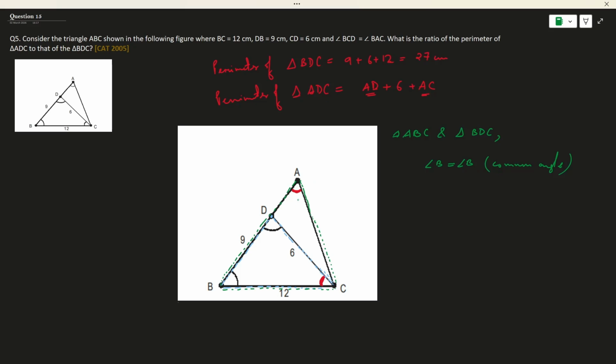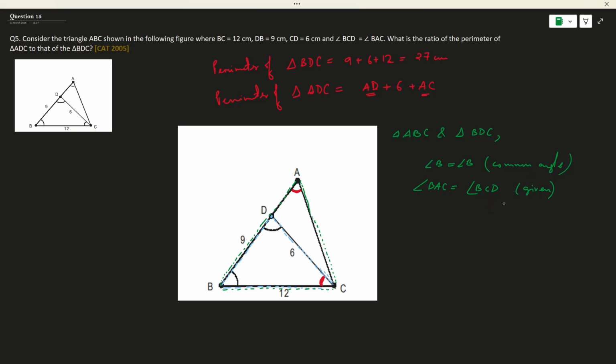And we are given that angle BAC is equal to angle BCD. This is given. Two angles are equal. That means the third angle of one triangle will be equal to the corresponding third angle of the other triangle.